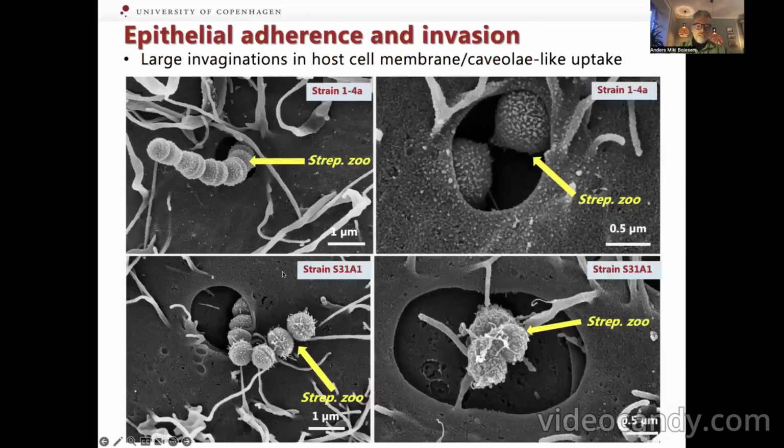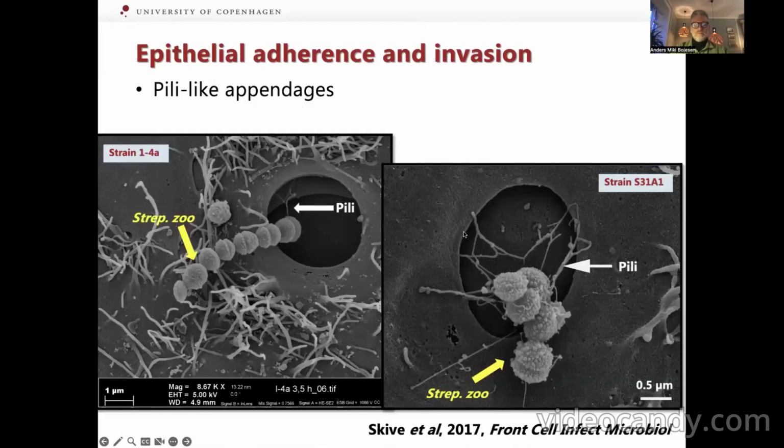You can see it more easily here. The bacteria communicate with the equine cells and make them envelop the bacteria, so the bacteria can get inside the cells and hide from the immune system. So the bacteria are able to communicate with the equine cell and get taken up inside the equine cell.